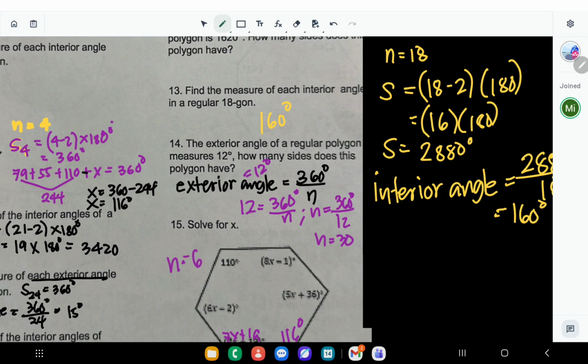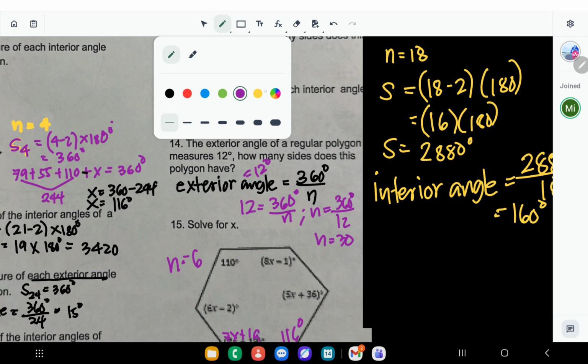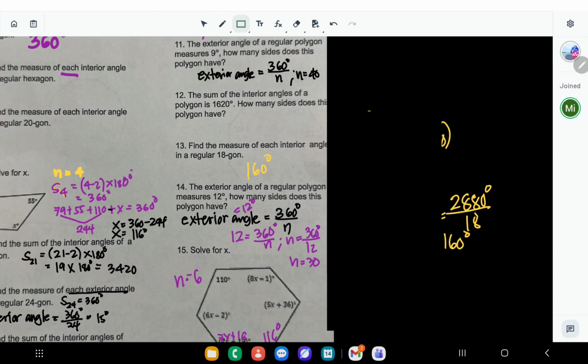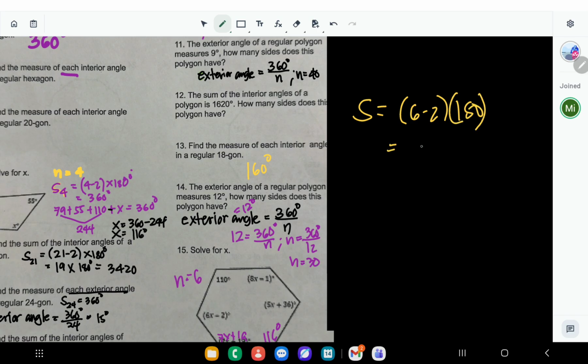Okay, 6. Solve for x. So the sum of the interior angles of a hexagon, what is the sum? S is equal to 6 minus 2 times 180. 4 times 180, what is that?